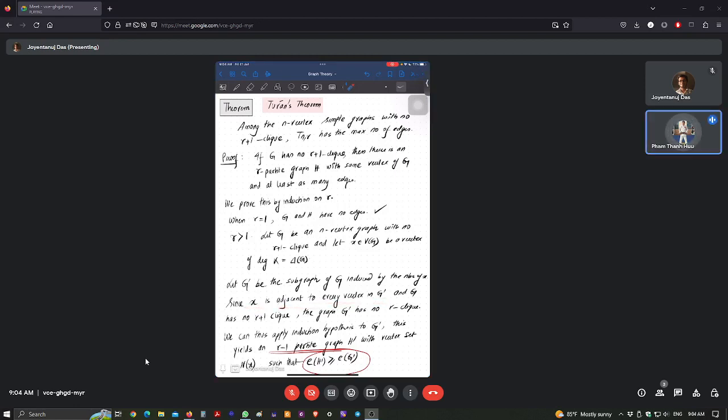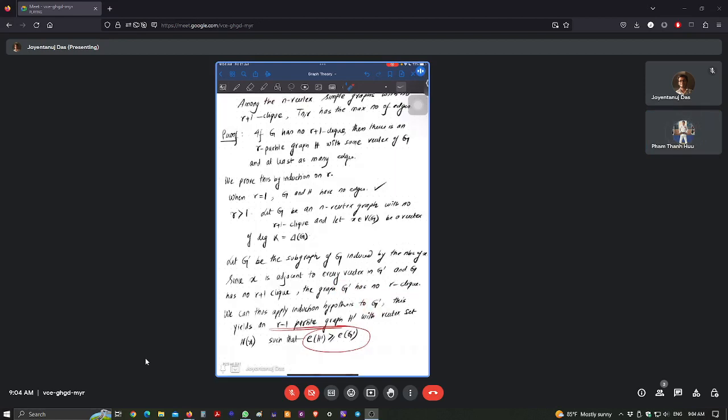And since G has no r plus one clique, the graph G prime has no r clique, because we delete X. So we can apply the induction on G prime, and it has an r minus one partite graph H prime on the neighbors of X, such that the number of edges in H prime is at least the number of edges in G prime.